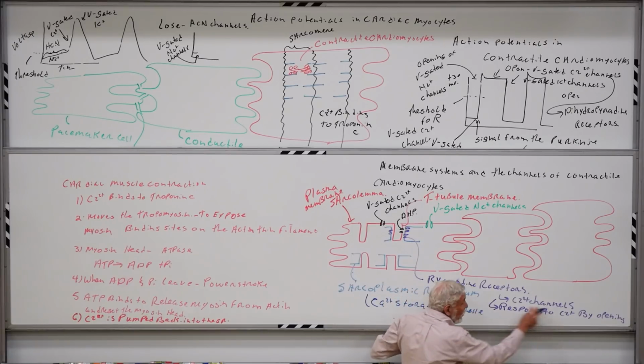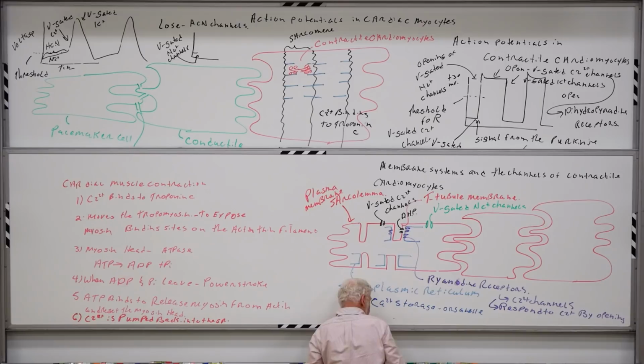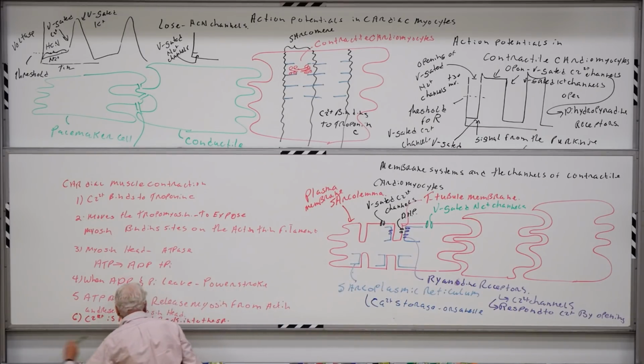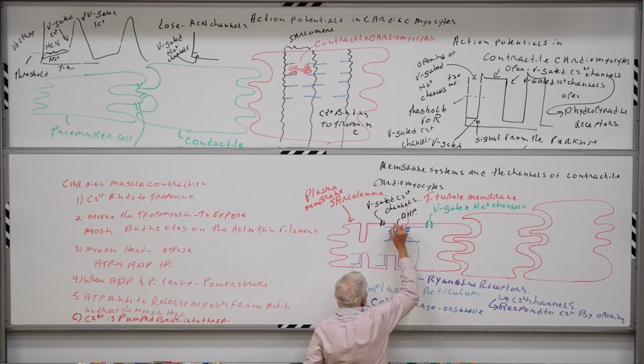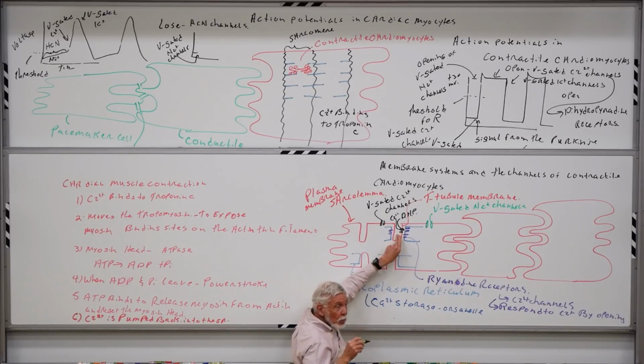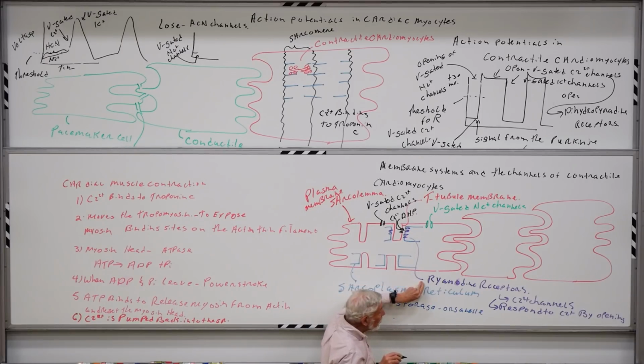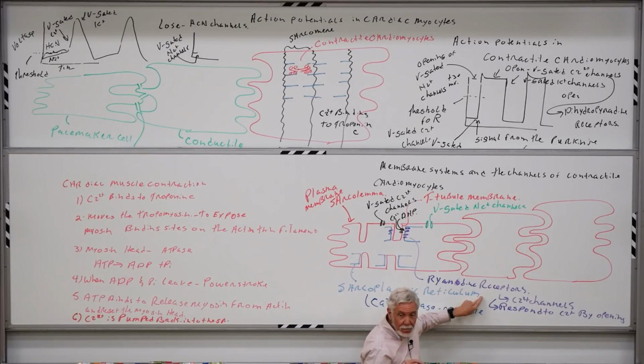So these ryanodine receptors respond to the influx of calcium from the outside world. The calcium comes in through the voltage-gated calcium channels. That calcium binds to the ryanodine receptor, and when it binds to the ryanodine receptor, it now opens those channels.